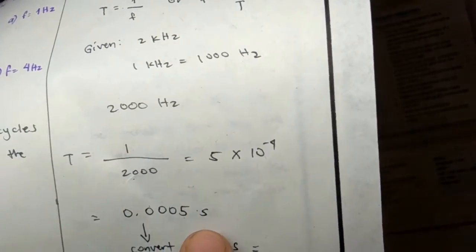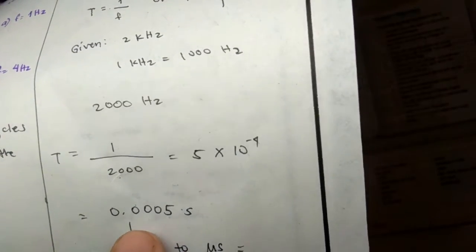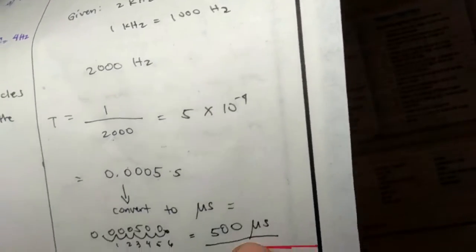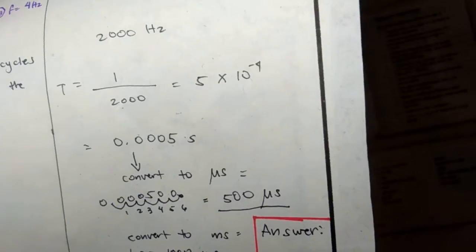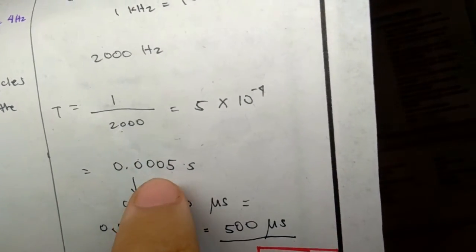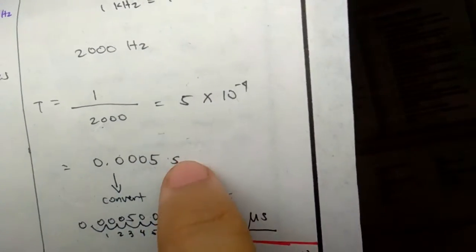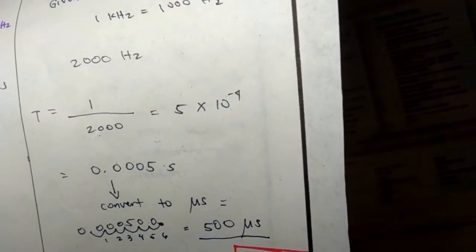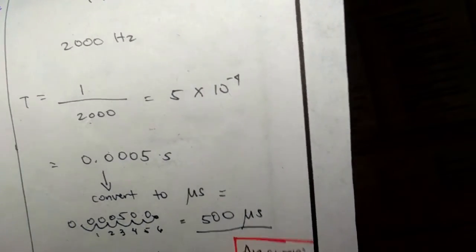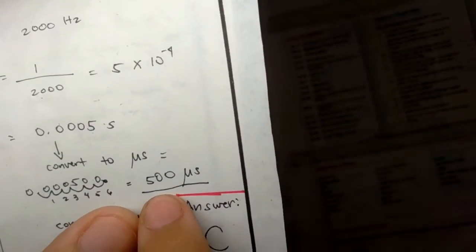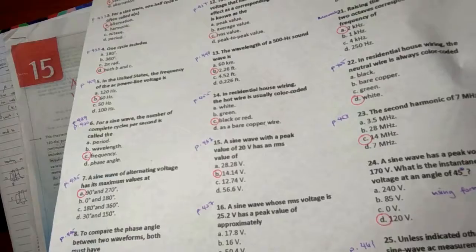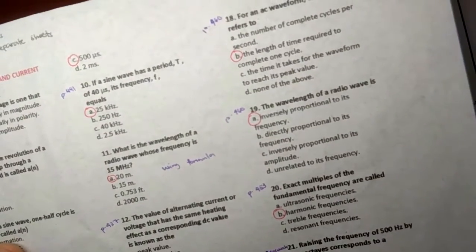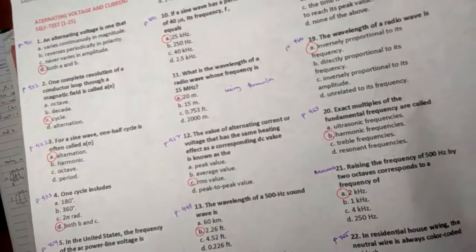In decimal notation, 0.0005 seconds, then we need to convert this seconds to microseconds. Multiply 0.0005 seconds by 10 raised to 6. The answer is 500 microseconds. Number 9 and number 10 have the same procedure.